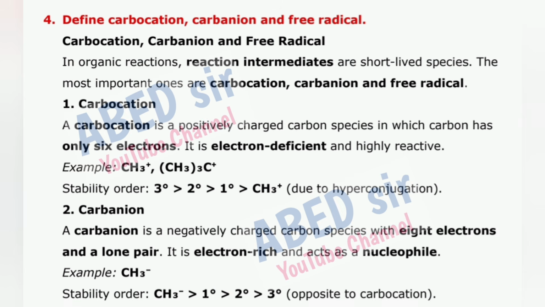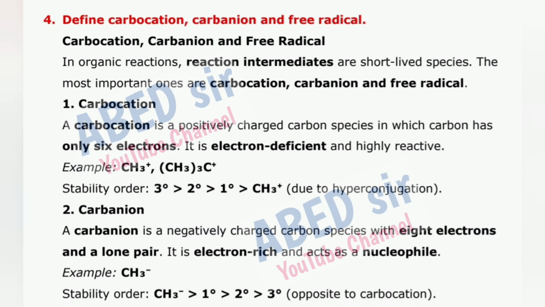Example: CH3+, (CH3)3C+. Stability order 3° > 2° > 1° > CH3+ due to hyperconjugation. 2. Carbanion. A carbanion is a negatively charged carbon species with 8 electrons and a lone pair. It is electron-rich and acts as a nucleophile. Example: CH3-.